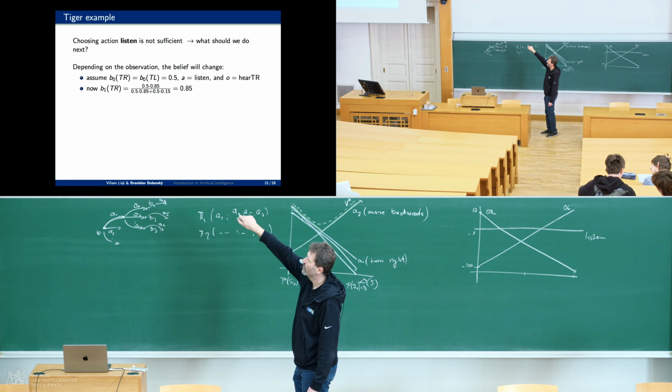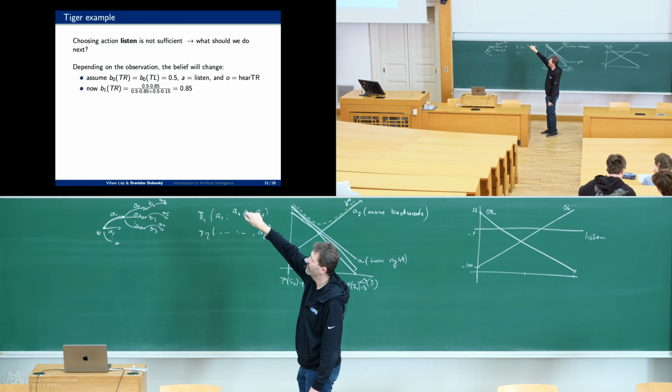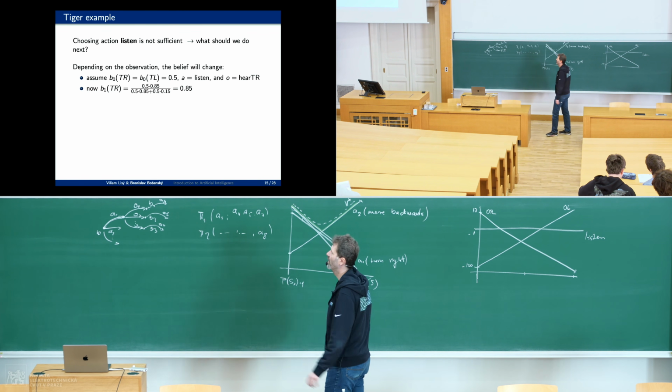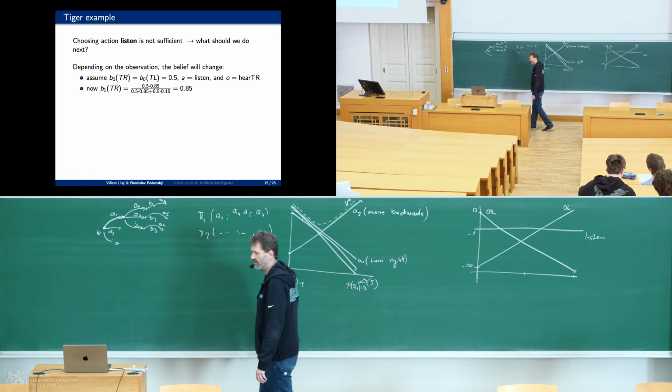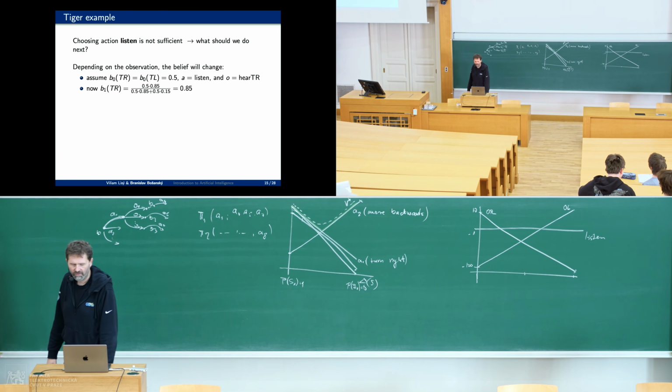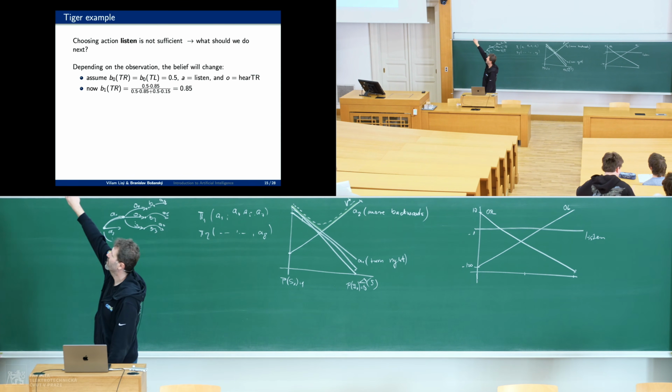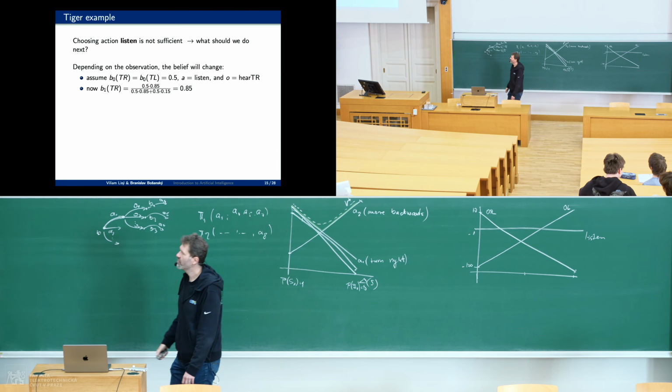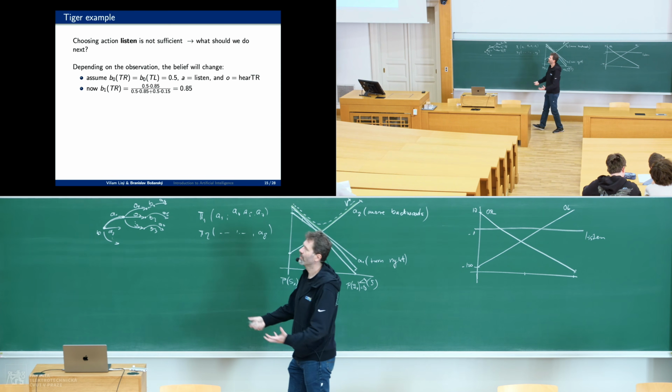So the new belief that the tiger is on the right: originally we had 50%, and we received the observation tiger right. So there is a higher chance that the tiger is actually on the right.